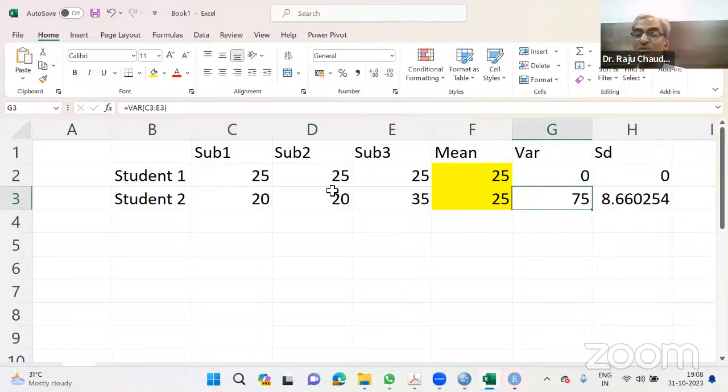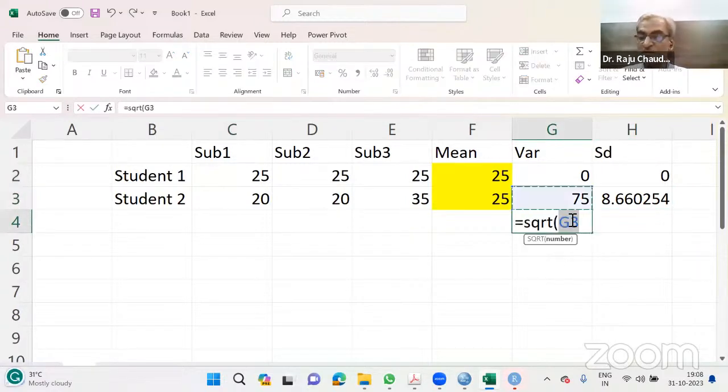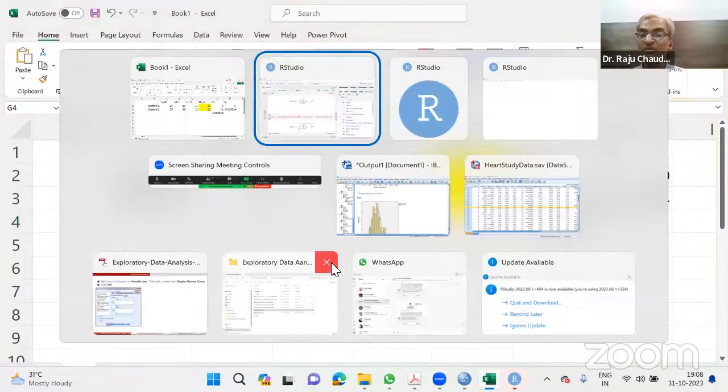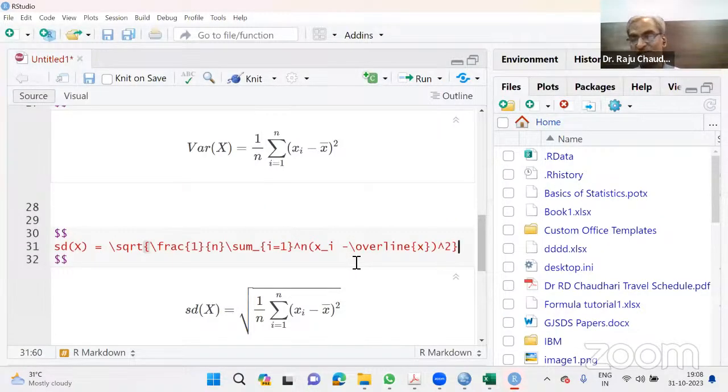To convert that unit to the simple variable unit, we take the square root of that. So this is known as the standard deviation, right?